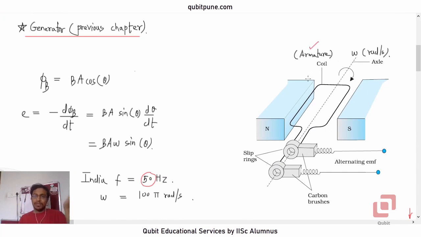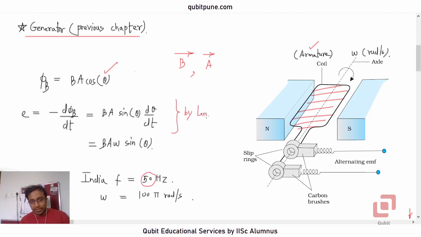Because of the rotational motion, the angle theta between two vector quantities, the magnetic field B bar and the area vector, changes. The area vector is the one enclosed by the armature, and its direction is normal. Because the angle between B bar and A bar changes, the dot product changes, and therefore the flux changes. By definition, flux is the dot product of B bar and A bar.